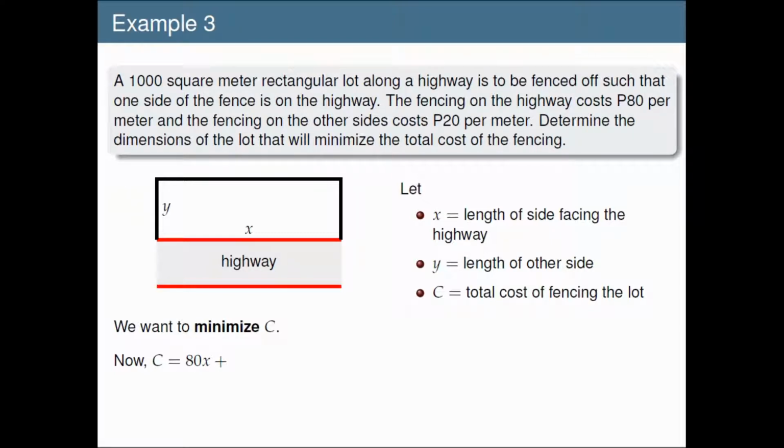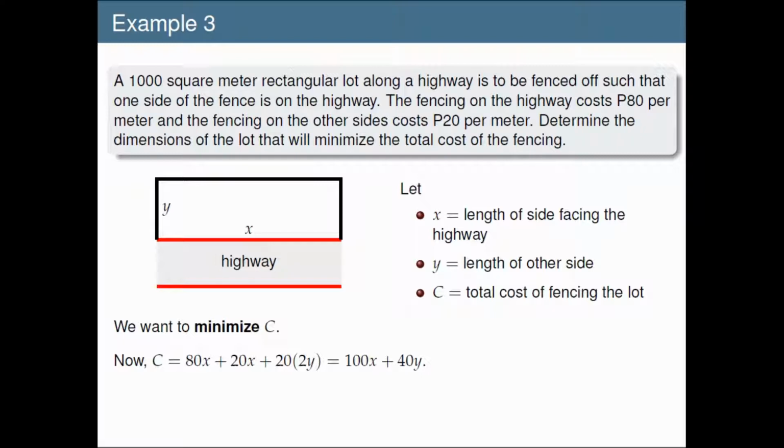So, mag-a-add tayo dito ng 20x plus 20 times 2y. Okay? This is also equal to 100x plus 40y.